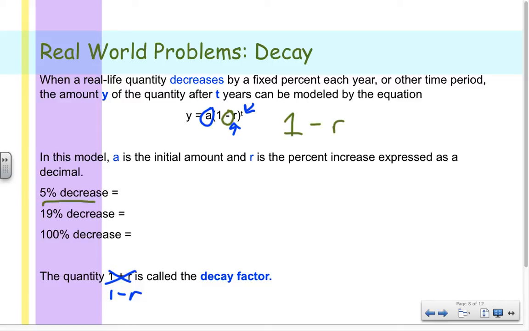Now, if I have a 5% decrease, I'm not going to put 5%. I'm going to put it as a rate. I'm going to put 0.05. With a 0.19 decrease, my rate's going to be 0.19. If I have a 100% decrease, which is just taking the whole thing away, out of a 1.00 rate that I would actually plug in, because remember, we're using decimals here.